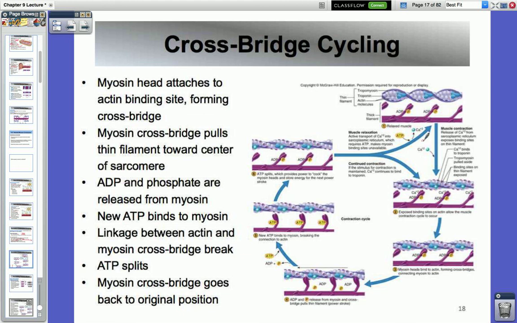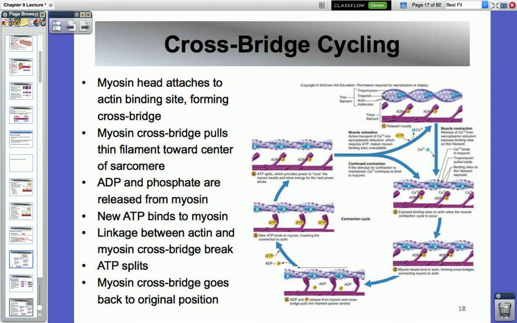So let's go from the beginning. We have calcium that's being released from the SR. It attaches to troponin. Troponin changes shape and pulls tropomyosin out of the way. So now we have those actin binding sites exposed, which means myosin can now bind to it. So right here we see myosin binding to actin.